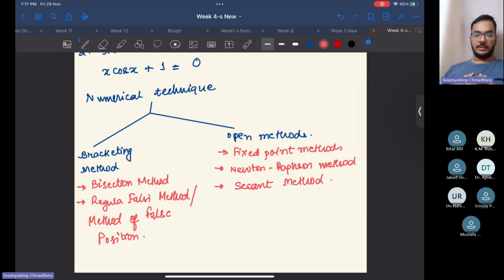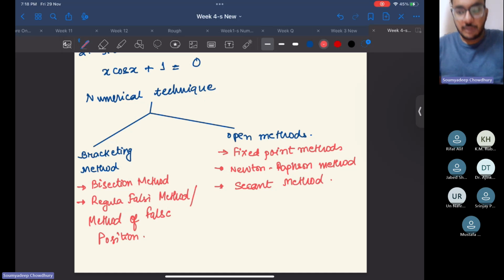In the bisection method, suppose we are told that your root lies between a particular limit. That is, an equation will be given to you, and then it will be told that the initial interval for the root is 1 comma 2. That means your root lies between 1 and 2. That is called bracketing the root, that is, your limits are enclosing the root.